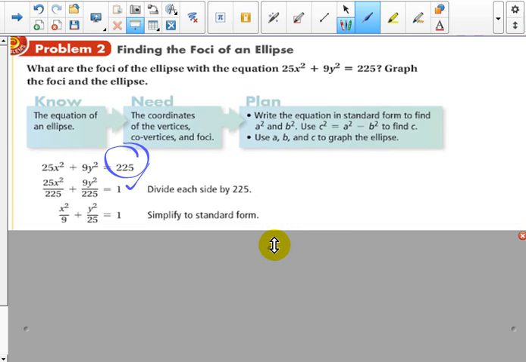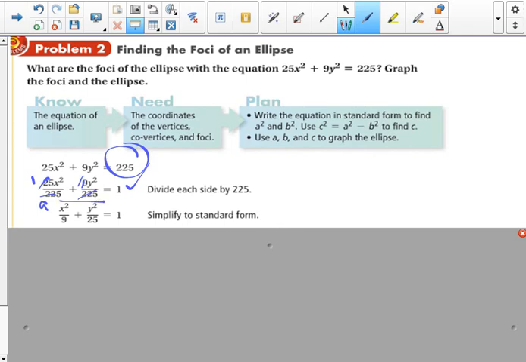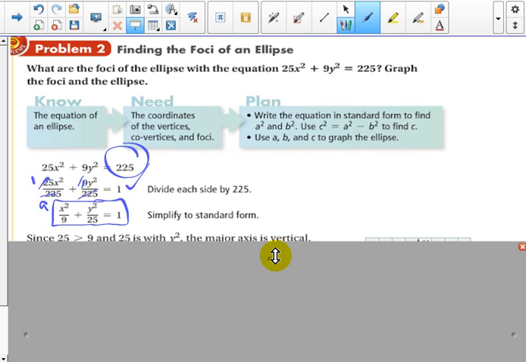Now we want to simplify that to standard form, because 25 goes into 225 9 times, so you get x squared over 9, and 9 goes into 225 25 times. So that simplifies to x squared over 9 plus y squared over 25 equals 1. Now we've got something we can work with.